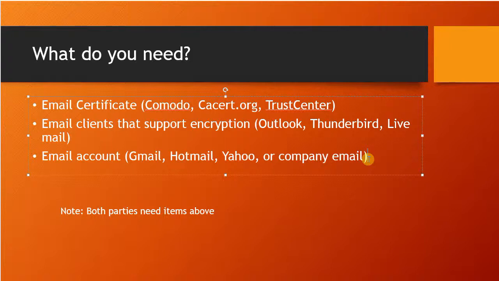Okay, and as a reminder, both parties need all of them. For example, for the certificate, if you want to send encrypted email, you and your friend both need a certificate installed. Okay.